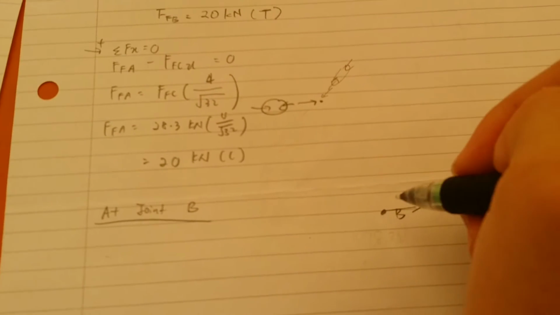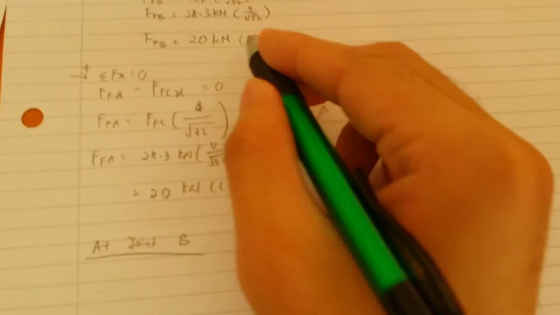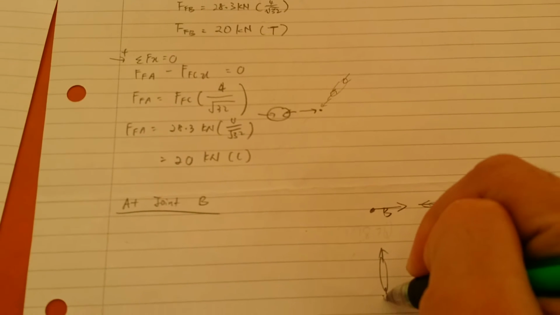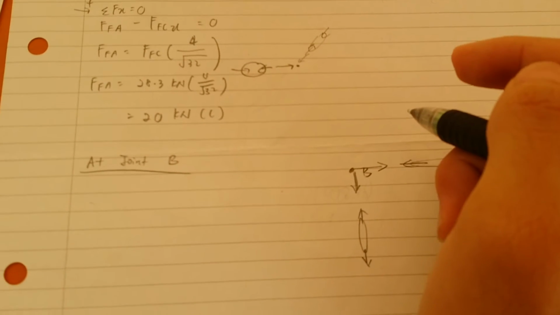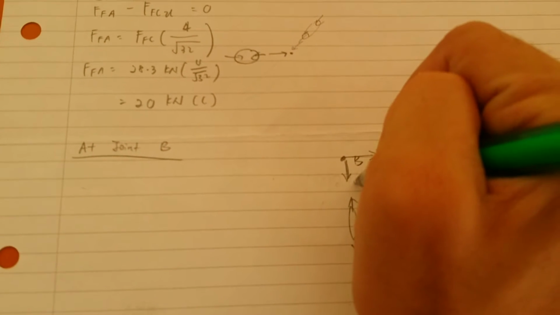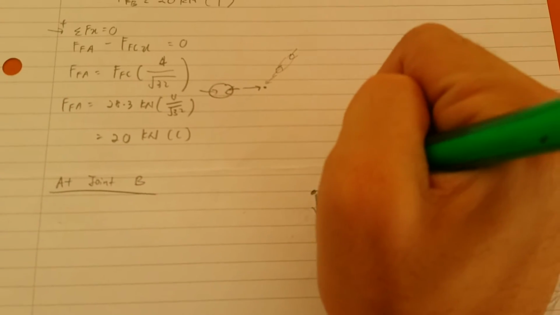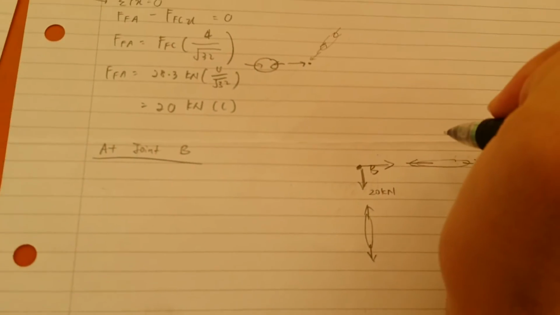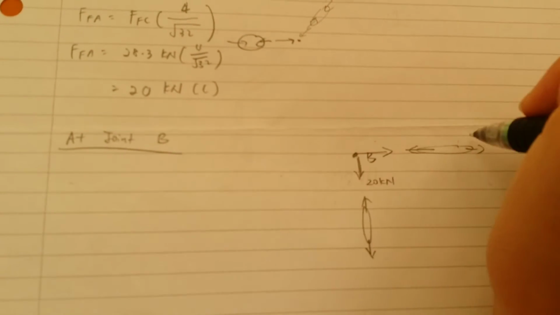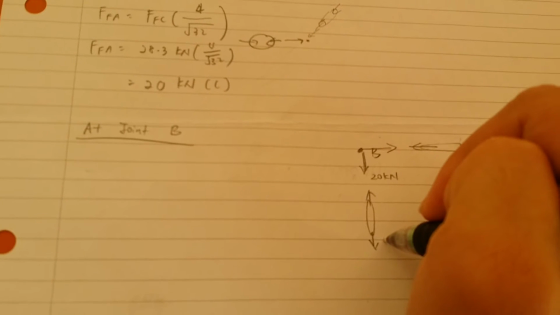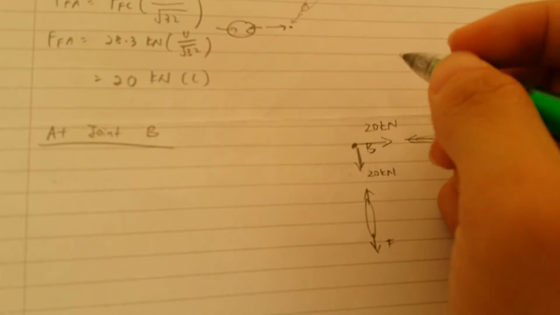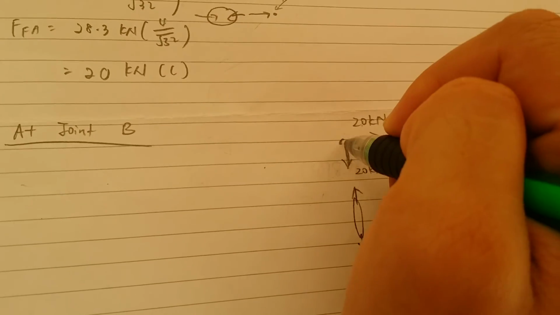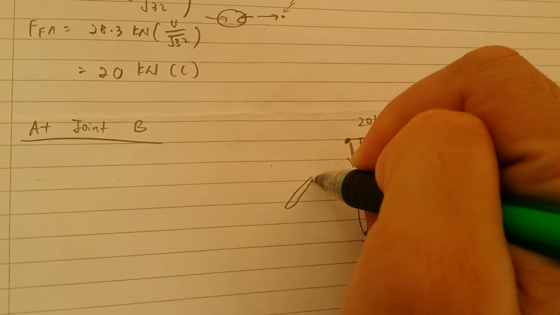I think we draw other forces first. We have FFB also, because FFB is tension, so pointing down. This is 20 kilonewton. And then BC is 20 kilonewton also. And then we got BA and BG.